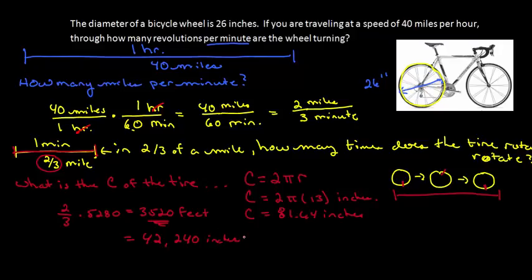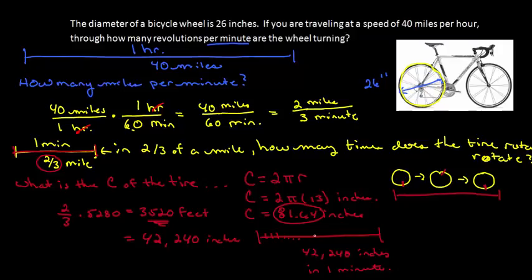inches. So here's the deal. We have 42,240 inches the bike is going to travel in 1 minute. Now the question is, how many times does the tire rotate? Well, the tire rotates once every 81.64 inches. So it'll rotate here, here, here, and so on.